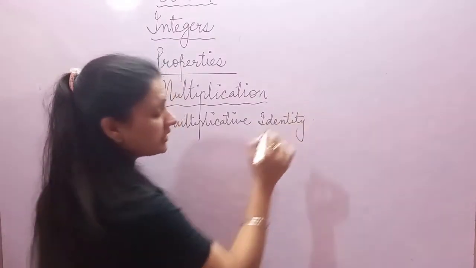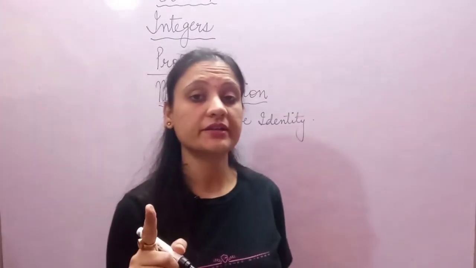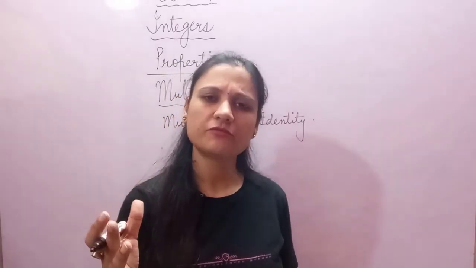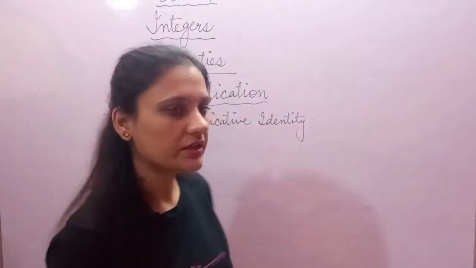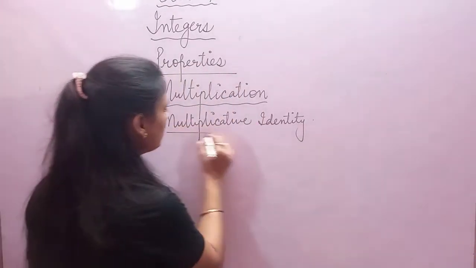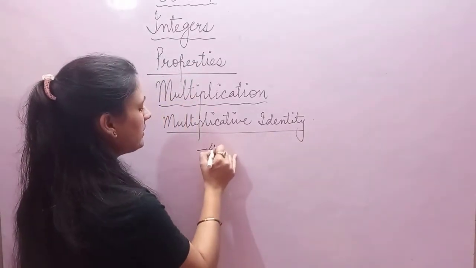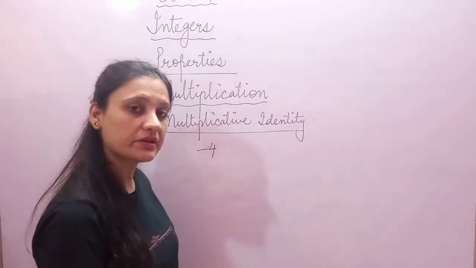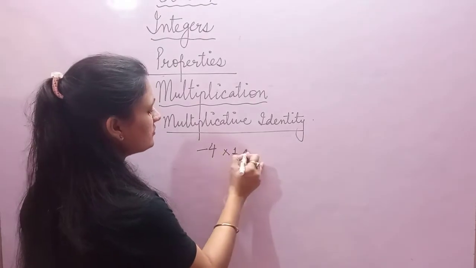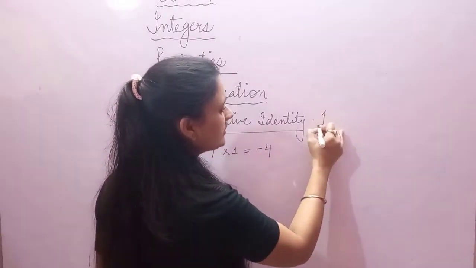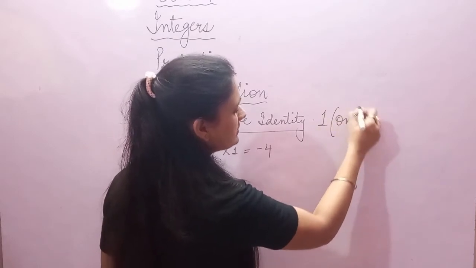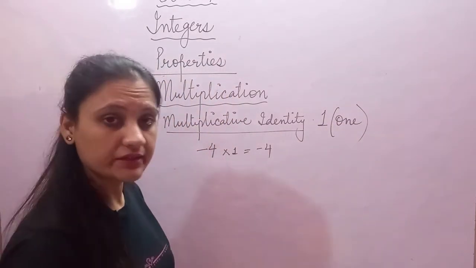Do you remember what I explained to you about additive identity? That we have to add some number to the given integer so that the answer remains the same, meaning the number itself. Similarly, we have to choose one number which should be multiplied by any integer and the answer is the number itself. That is of course 1. So what is the multiplicative identity? That is 1. 1 is the multiplicative identity.